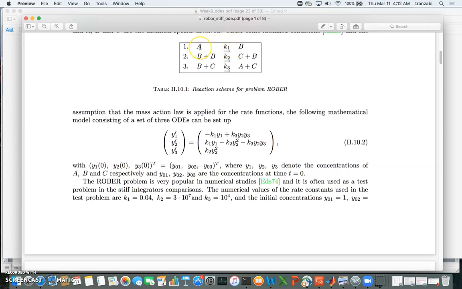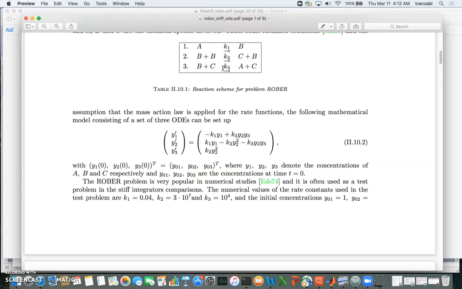But because A is consumed in this reaction, the rate of change of concentration of A will be negative due to consumption of A, but positive due to production of A from the third reaction.